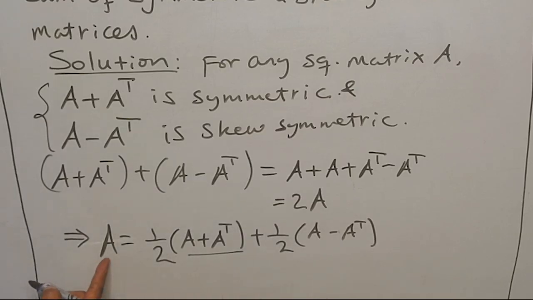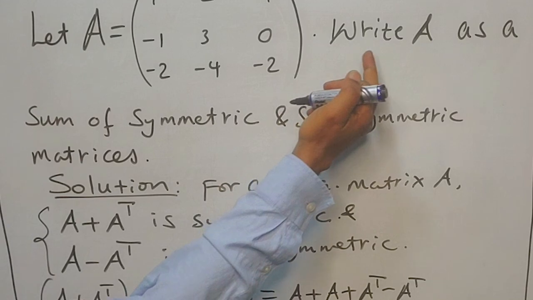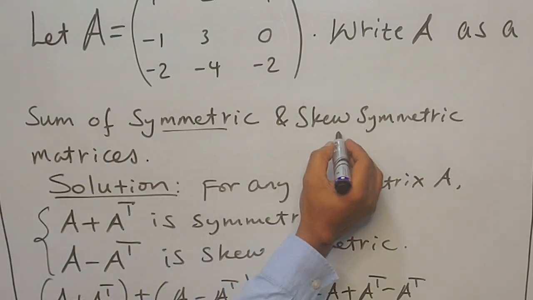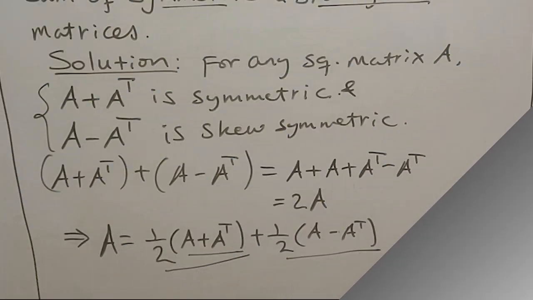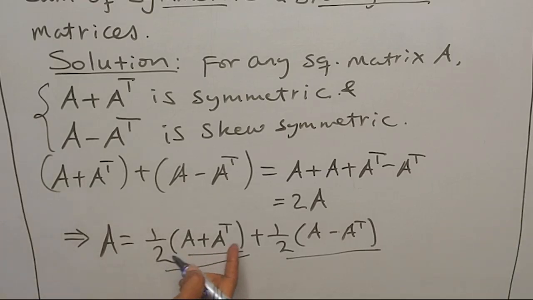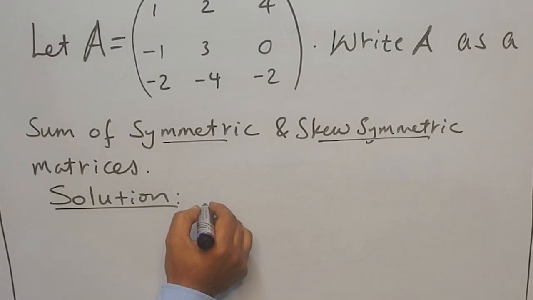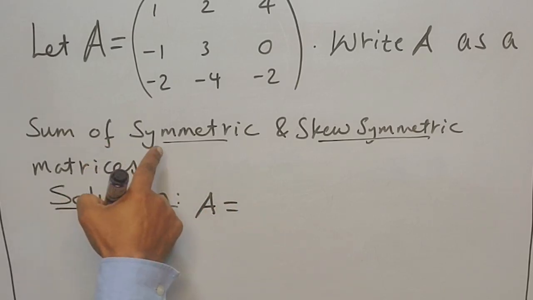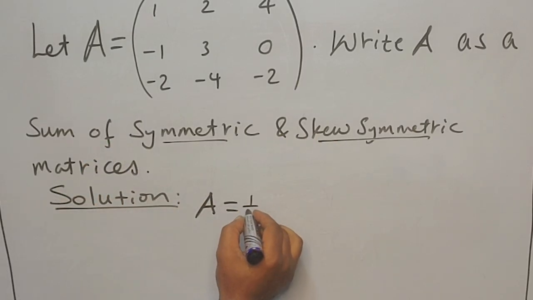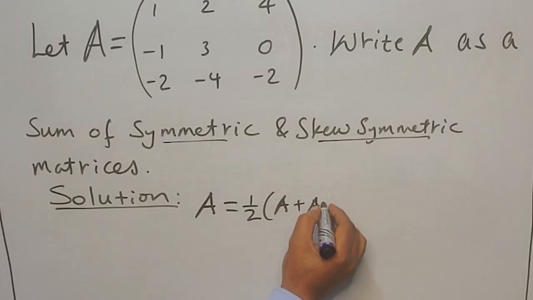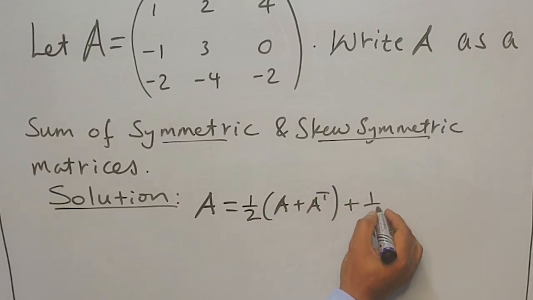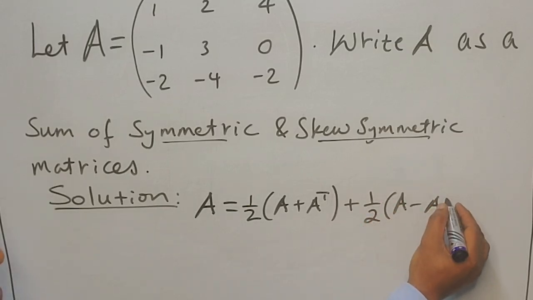Therefore, for any matrix A, it is half of A plus A transpose, symmetric, plus skew symmetric. Now we have the formula to write a matrix A as a sum of symmetric and skew symmetric: 1 over 2 A plus A transpose plus 1 over 2 A minus A transpose.